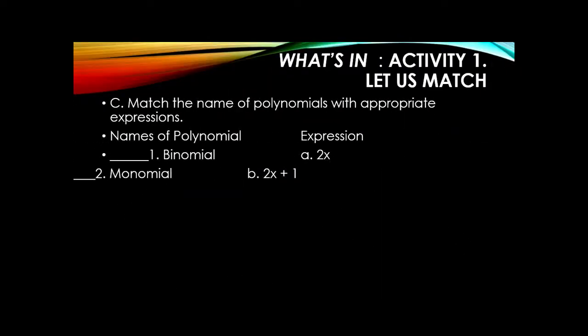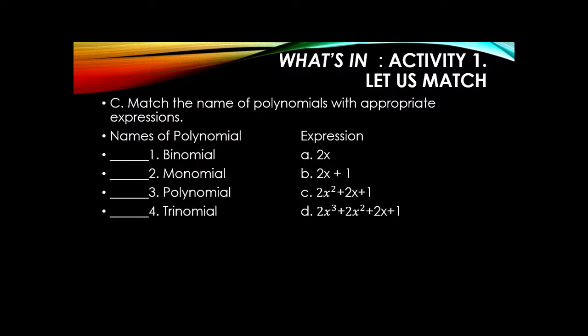Okay, so C tayo. Match the name of polynomials with appropriate expression. So, yun lang ni siya. Names of polynomial, then expression. Binomial. When we say binomial, composed of 2 terms. So, our answer is letter B. Monomial. When we say monomial, composed of 1 term.